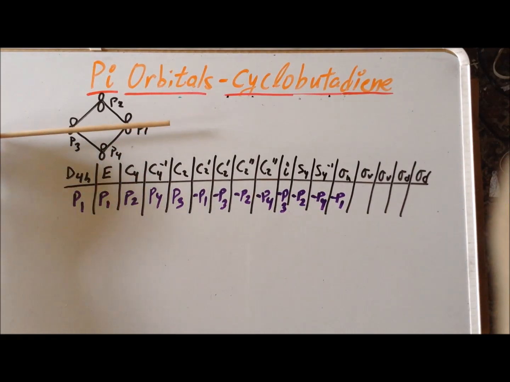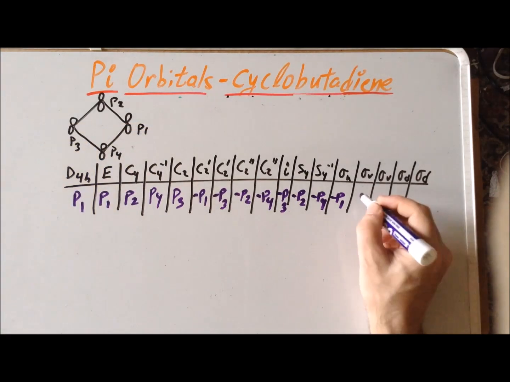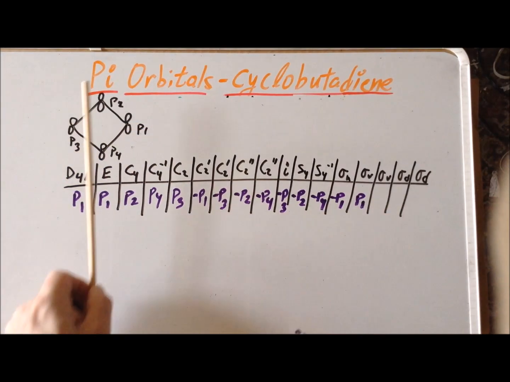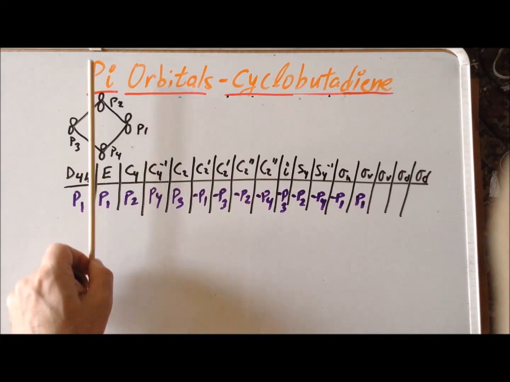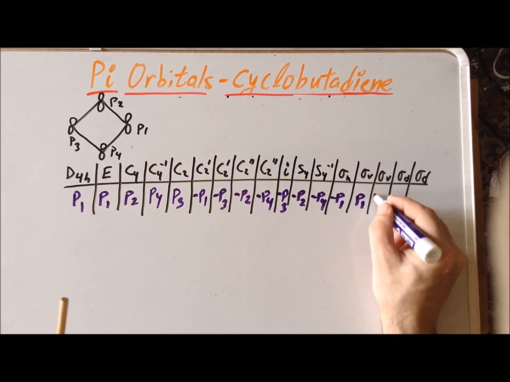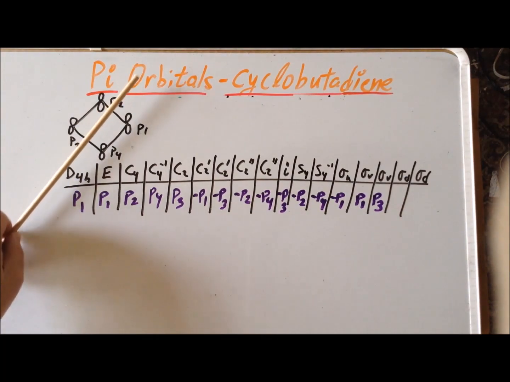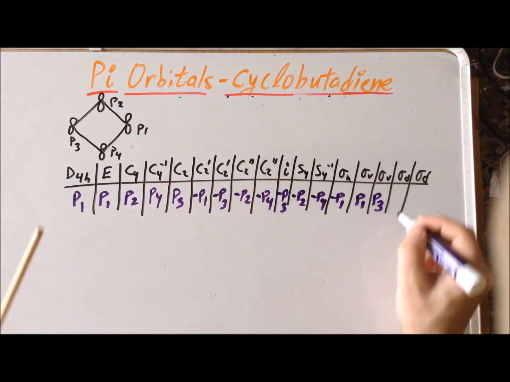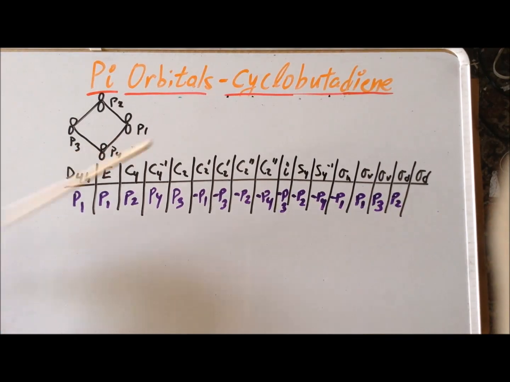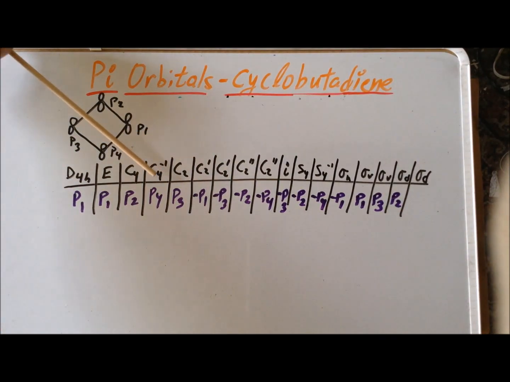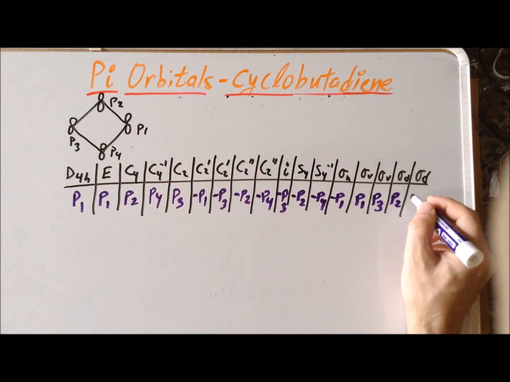Now sigma V goes along here, takes P1 to P1. This particular vertical mirror takes P1 to P3. Sigma D takes P1 to P2. And the final sigma D goes along here between the atoms, takes P1 to P4.